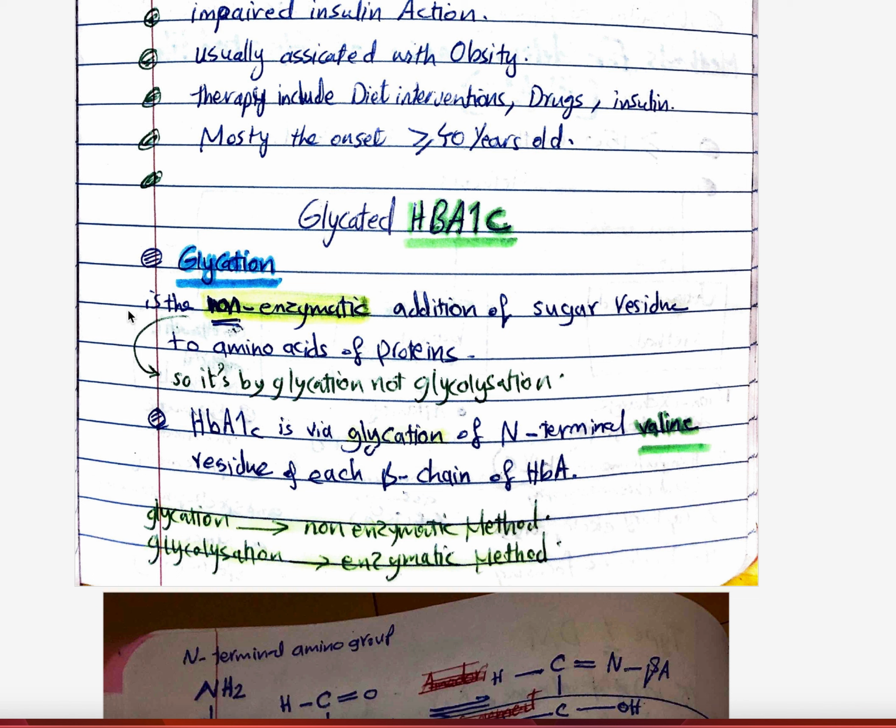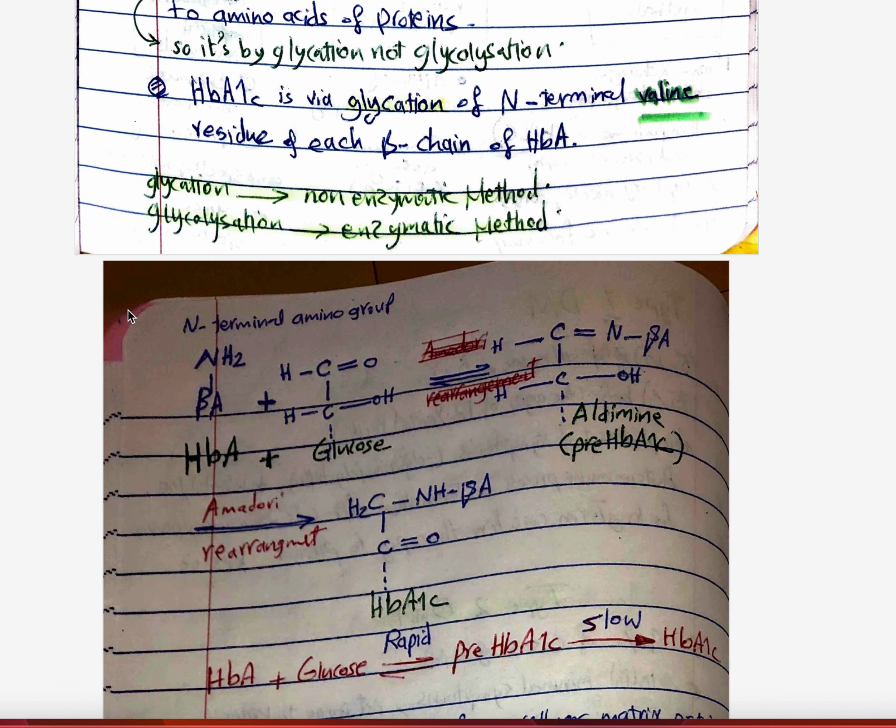What is happening in the case of hemoglobin A1C is that we add a sugar group to the N-terminal of this amino acid, especially the valine. We said again it's a glycation, not a glycosylation, of the beta chain of hemoglobin. So the glycation happens on the beta chain, not on the alpha chain.